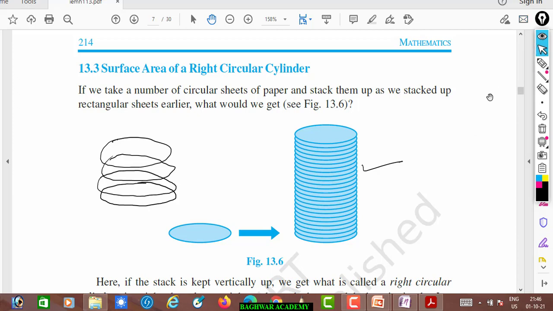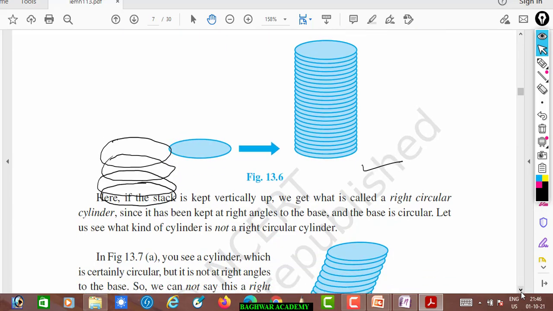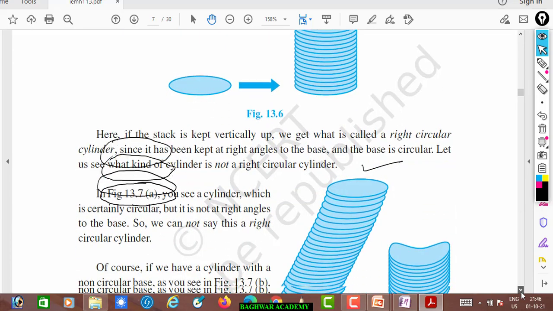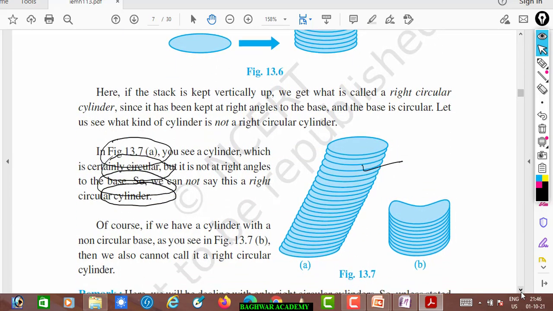Here you see, if the stack is kept vertically up, we get what is called a right circular cylinder, since it has been kept at right angles to the base and the base is circular. Let us see what kind of cylinder is not a right circular cylinder. Here you see this shape. This is also circular, and it has been stacked, and you have got a cylinder, but this is not at a right angle.